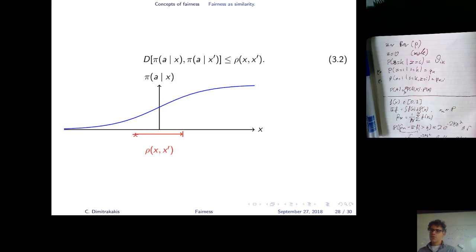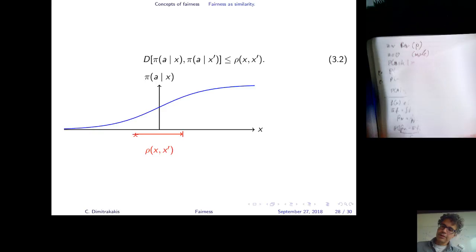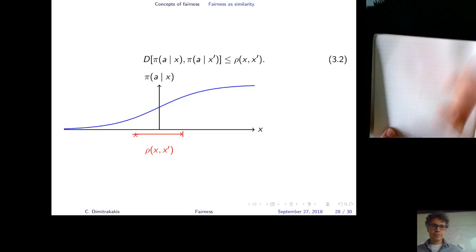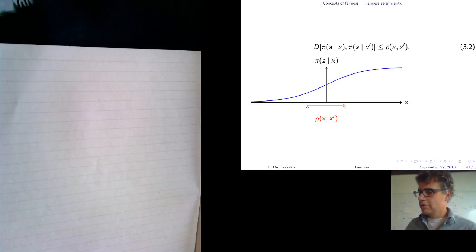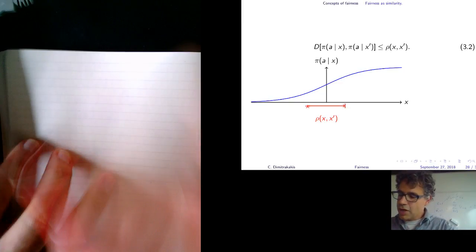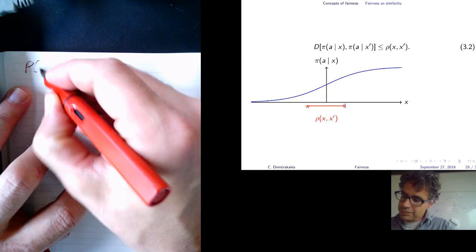So one idea, I'm not officially teaching this as course material, because it's kind of researchy, but I'll just discuss it. So one idea is basically that, let's say you have some model for the quality of individuals.